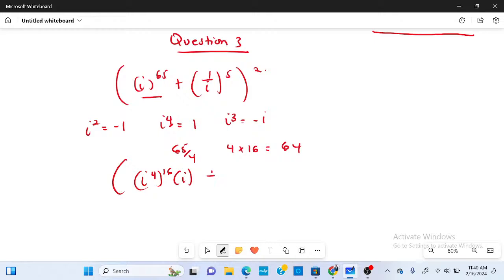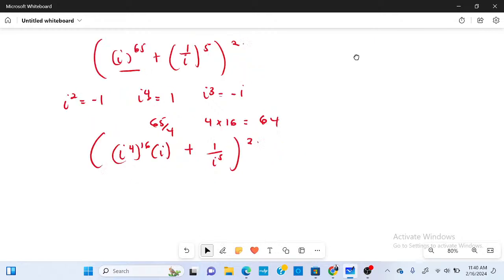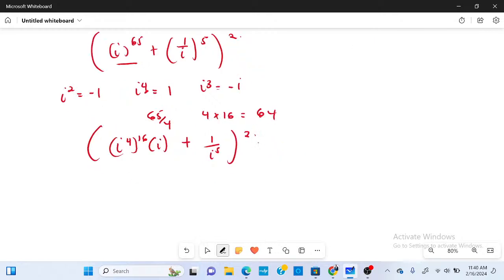So plus, this is to the power 5. So I'll have 1 over i to the power 5. And everything here is squared. If you have i to the power 4, you know the answer is 1. So you simply get 1 to the power 16 multiplying i, plus, this is also 5, you can make it 1 over i to the power 4 multiplying i, right?